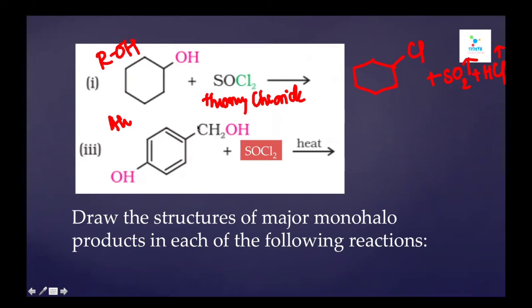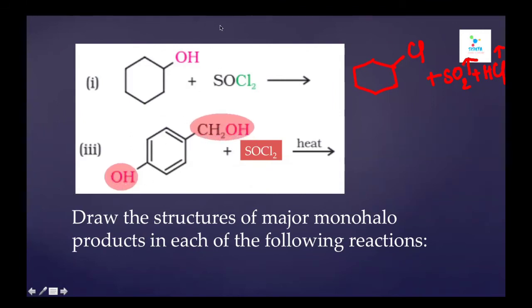But in case of the second one, there are two alcohol parts. In the first one, this is part of the aliphatic chain, so this OH group can be replaced by the halide.